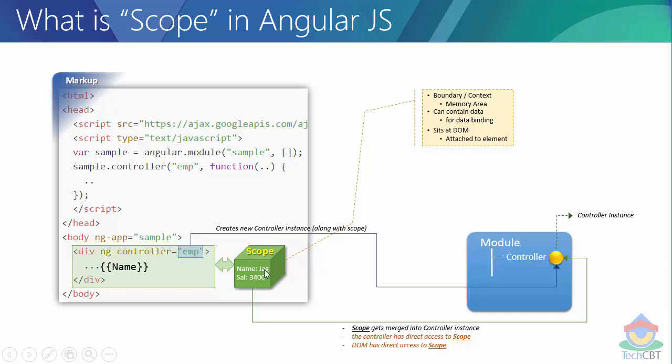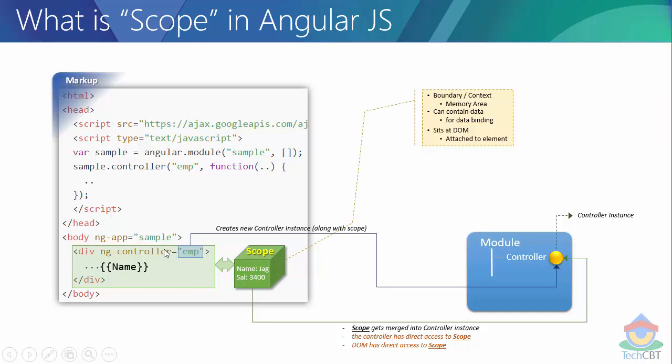Next, you can see I am specifying name here. This is an Angular expression. Whenever I specify an Angular expression, something like name, you are saying that please evaluate this variable name. Whenever AngularJS finds any Angular expression which needs to be evaluated, that expression will be evaluated based on the current scope it has access to.